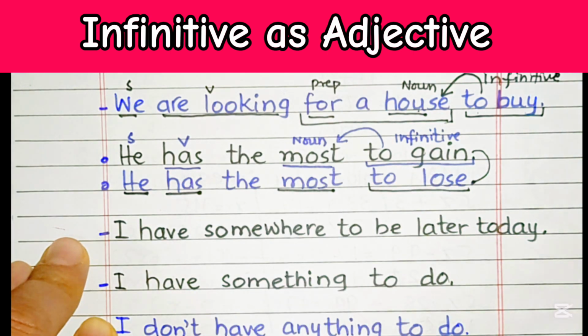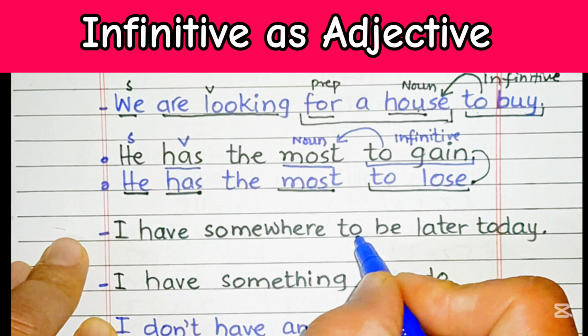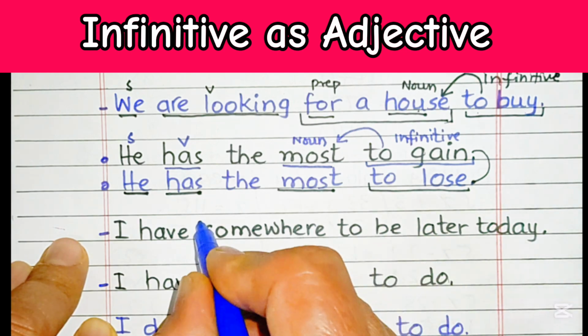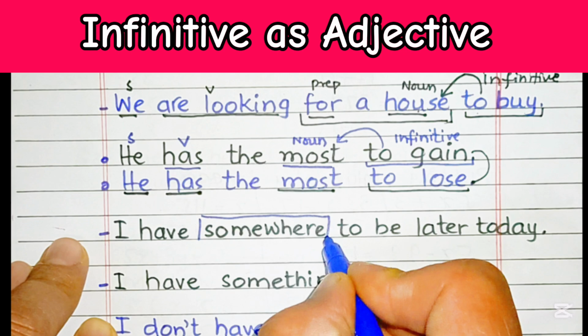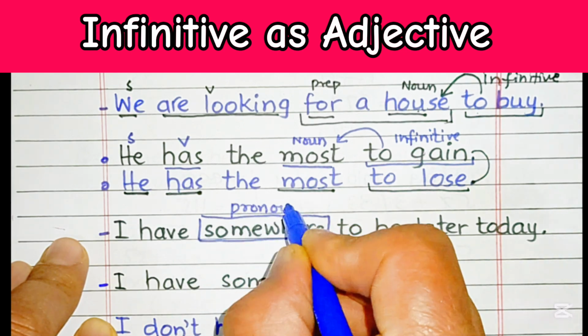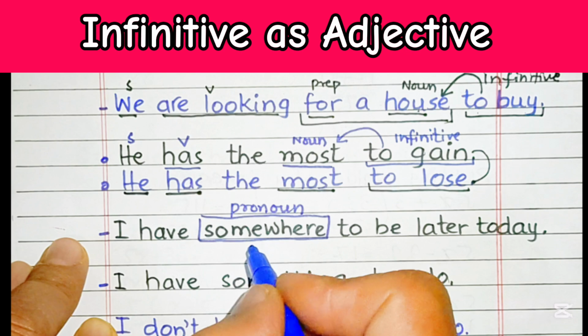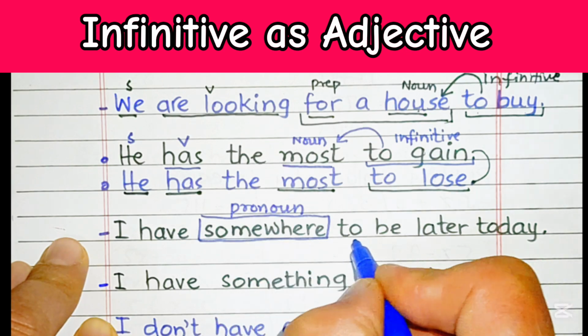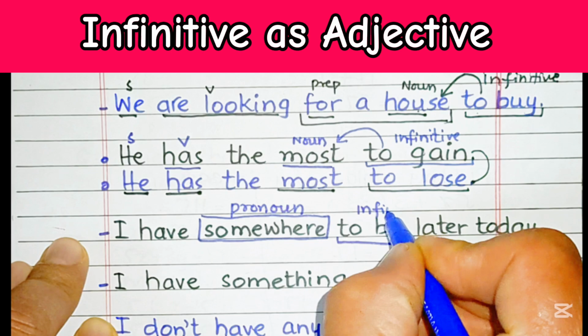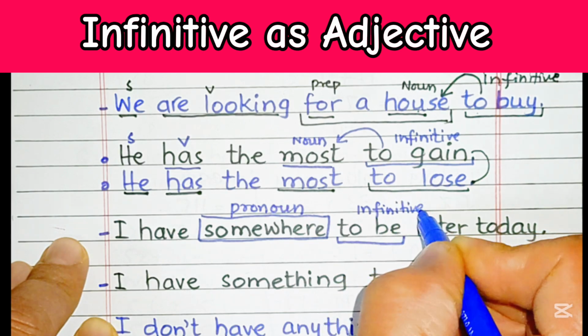Now, I have somewhere to be later today. This is a pronoun, somewhere. Then here is the infinitive, to be.